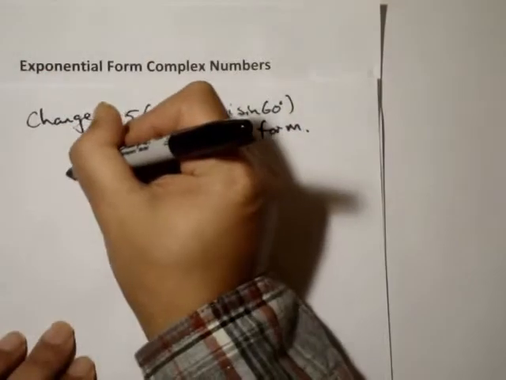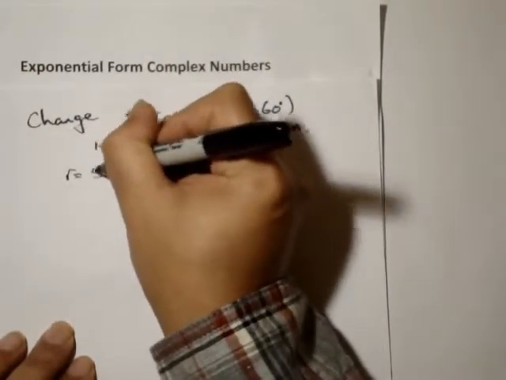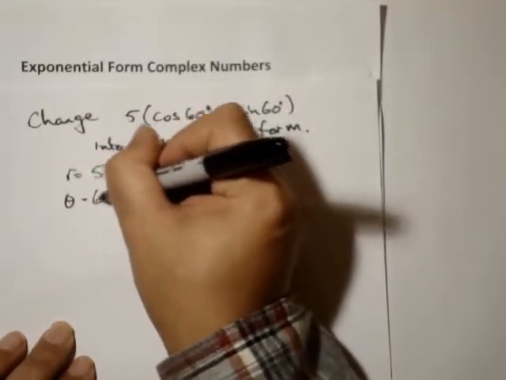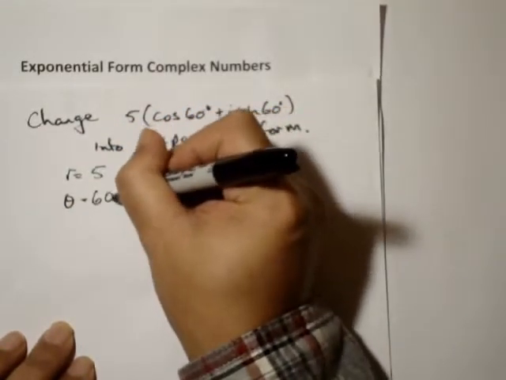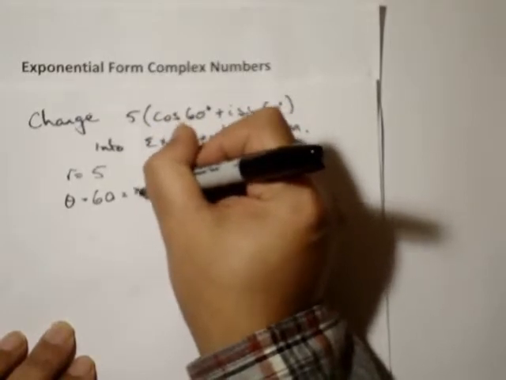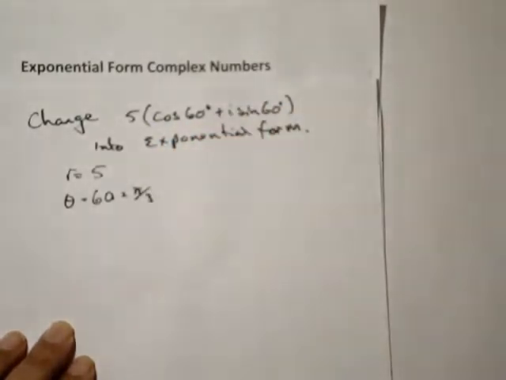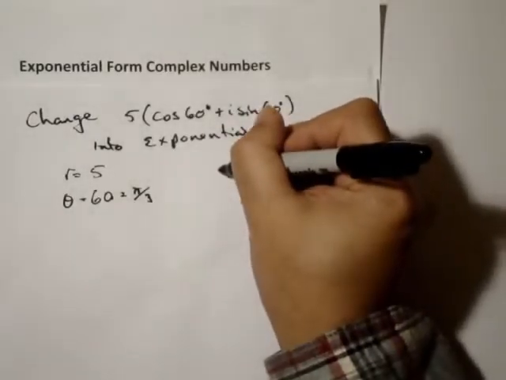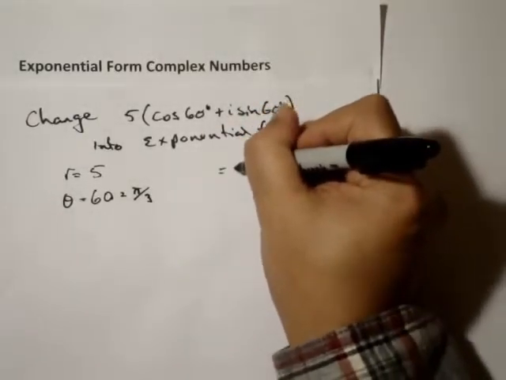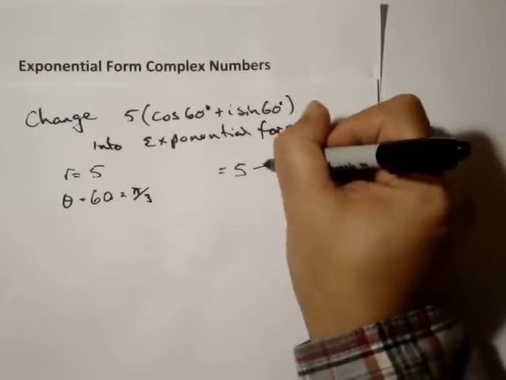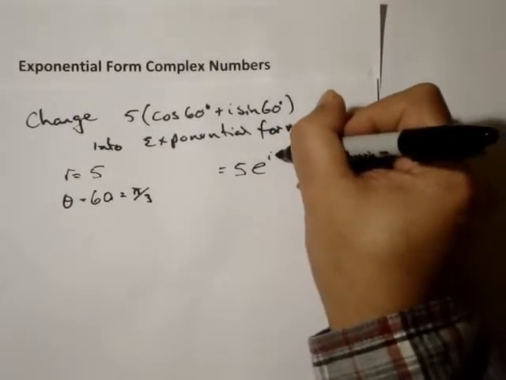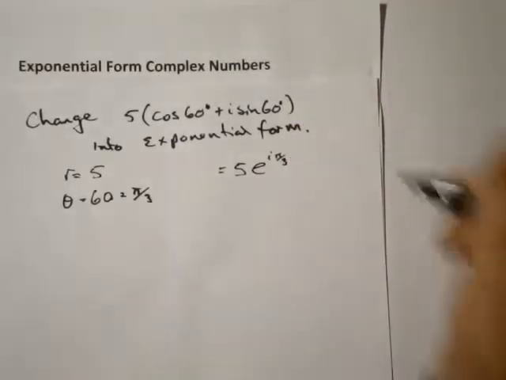So we have r equals 5 and our theta equals 60. In radians, that's pi over 3. So this now becomes, in exponential form, r, which is 5, e to the power i pi over 3.